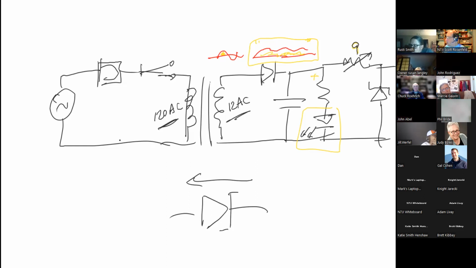It says, okay, well, I'm going to let you turn on in this direction, but I'm going to put a reference voltage on your output. And no matter what happens, I'm never going to go higher than, let's say, 9 volts. If it's a 9-volt Zener, you basically buy the component based on the voltage that you want it to work at.